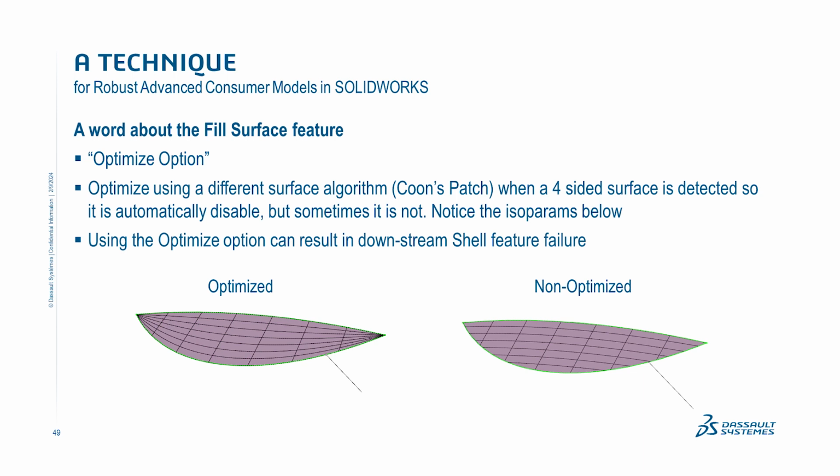Let me speak very briefly about fill. If you're not familiar with fill, fill is a really special feature. I call it the crown jewel of SolidWorks. It's the crown jewel because you can fill in between any number of surfaces and do it either tangent or contact. It should be used when you're doing advanced modeling, for anything that's 3-sided or 5 or more sides. Anything that's 4-sided or 2-sided, use boundary.